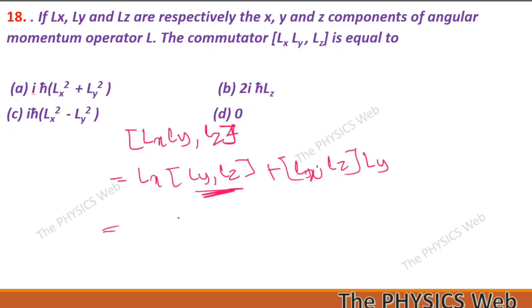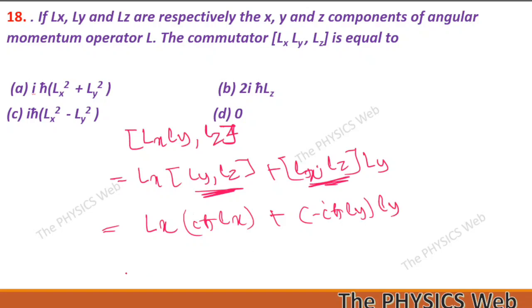We know [Lx, Ly] will be iħLz, and [Lx, Lz] will be minus iħLy. So this will be equal to iħ(Lx square minus Ly square)... so C is your correct option.